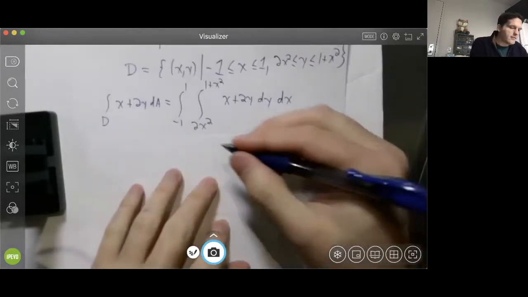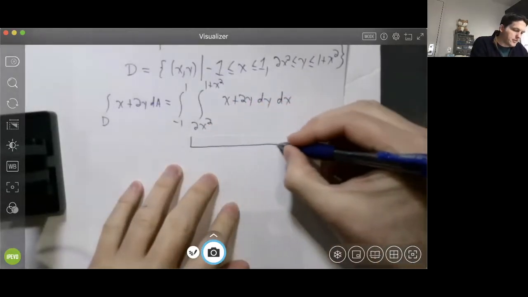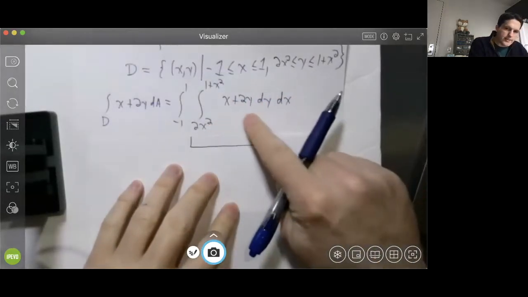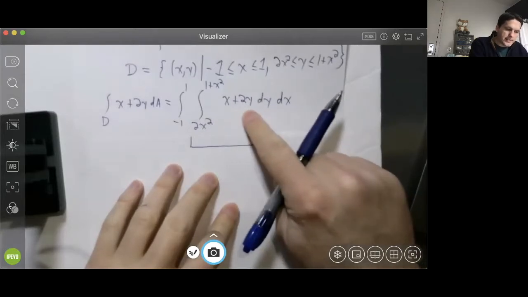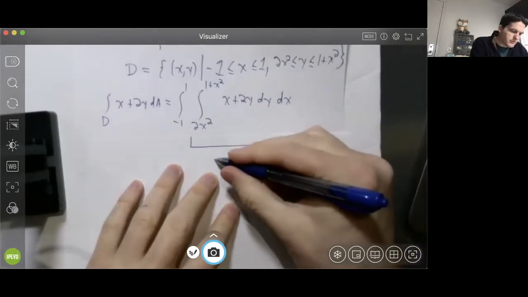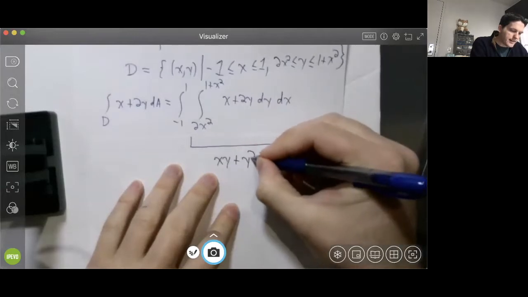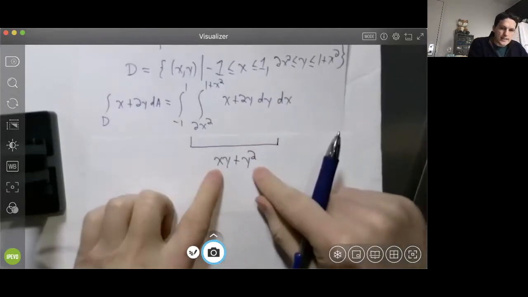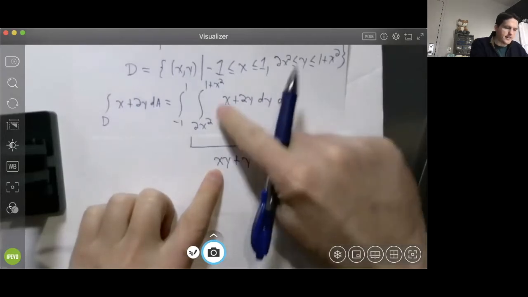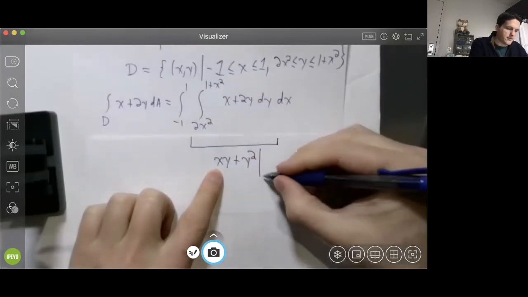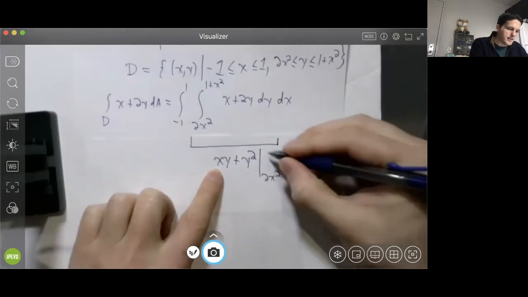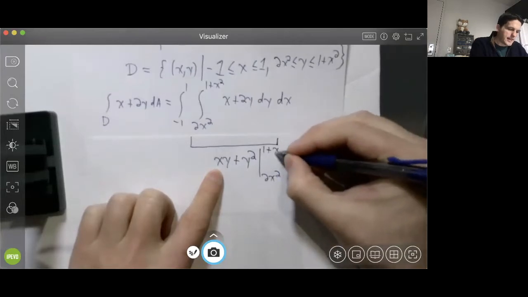So let's work on evaluating this inner integral. We need an antiderivative of this function with respect to y. And here's an antiderivative of this function with respect to y. It's xy plus y squared. And now we take our antiderivative and we evaluate it at the endpoints. So from here to here, we evaluate it from 2x squared to 1 plus x squared.